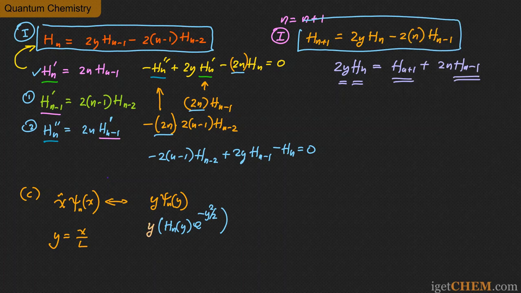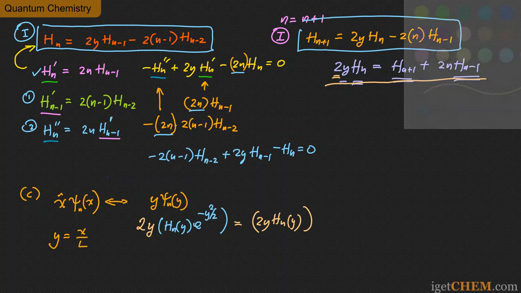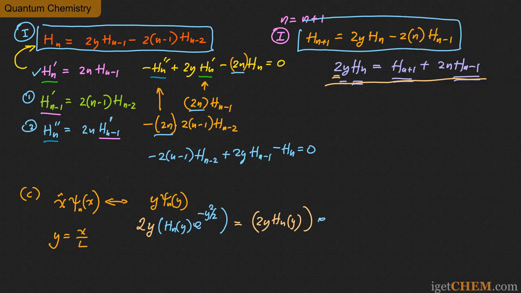And now you can see this from this relationship right there, because you see y multiplying Hn will generate Hn+1 and Hn-1. So if you put the 2, which is there, that makes it a little simpler. So you see this is 2y Hn of y outside, and this is multiplied by e to the minus y squared over 2.